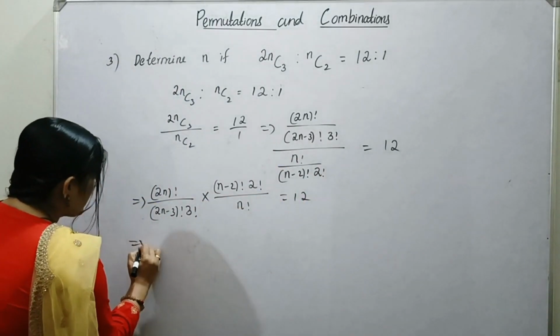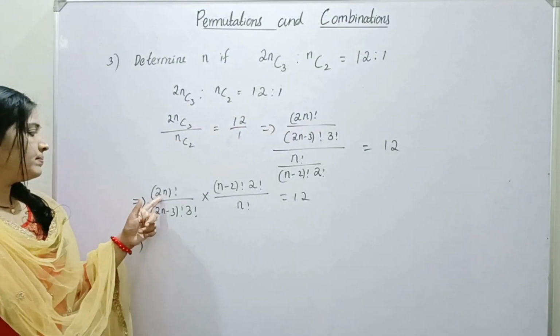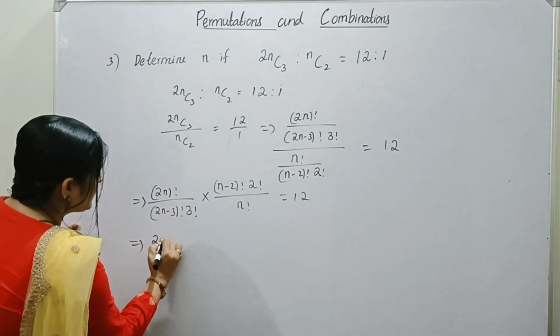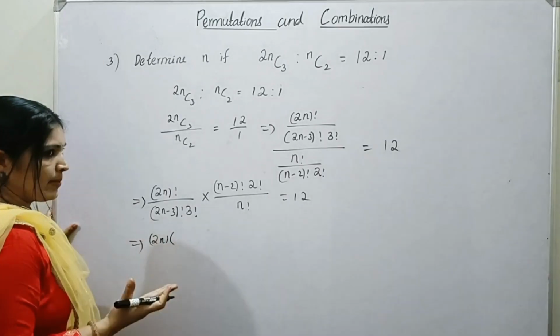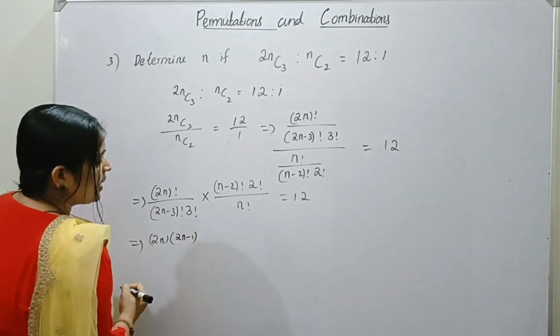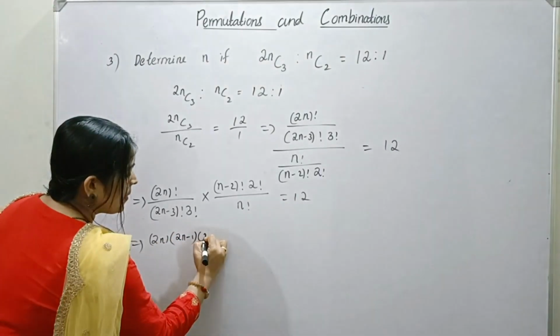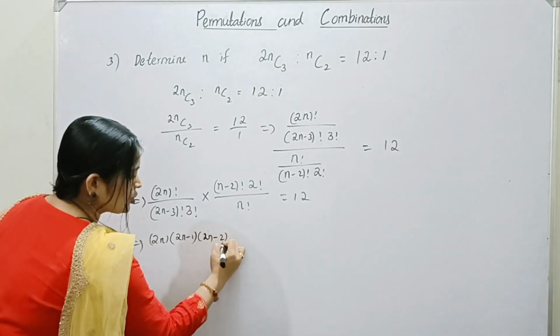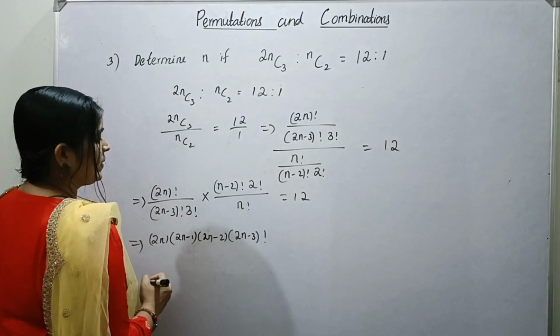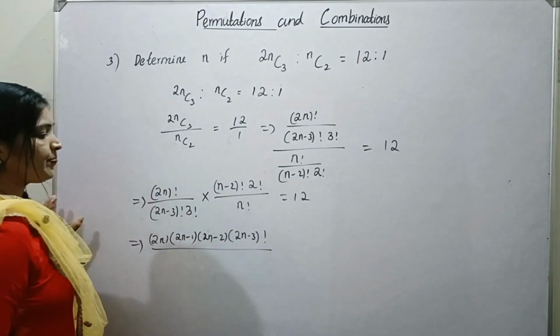Then we can write 2n factorial as 2n into 2n minus 1 into 2n minus 2 into (2n minus 3) factorial.